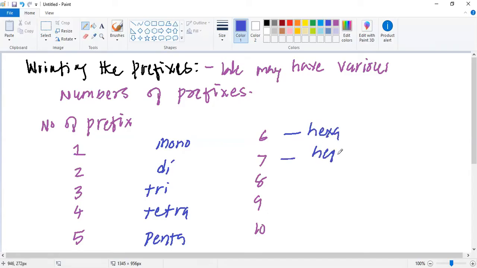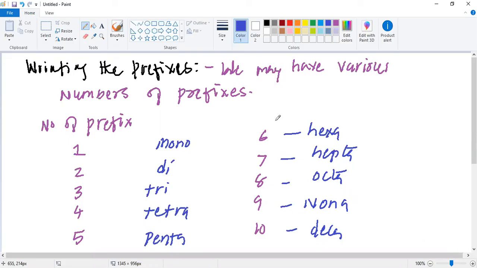For 7, hepta. For 8, octa. For 9, nona, or for 10, we can write deca. So this is how we can write.